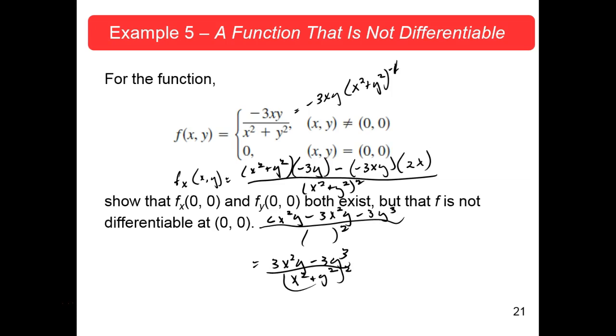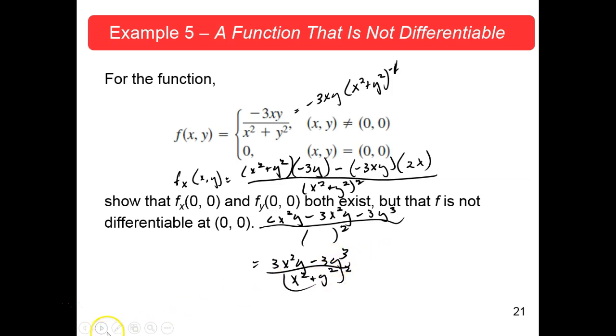As he said, when you are coming in one way, your limit is minus 3/2. Coming in the other way, it's plus 3/2. So they're not continuous there. But if you did the partial of this, because that's flat, you get a slope of 0, and this gives you a slope of 0. Those are the partial derivatives, but the total differential doesn't exist. I guess that's what it's saying here. This is rather bizarre.